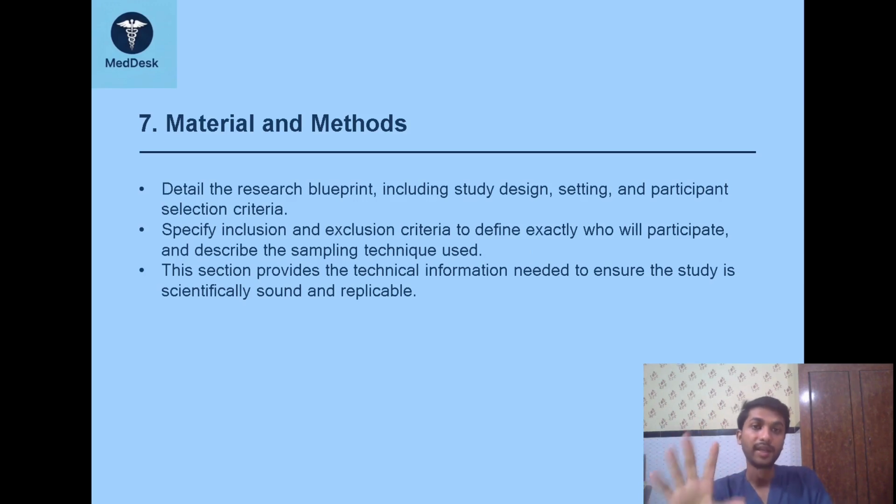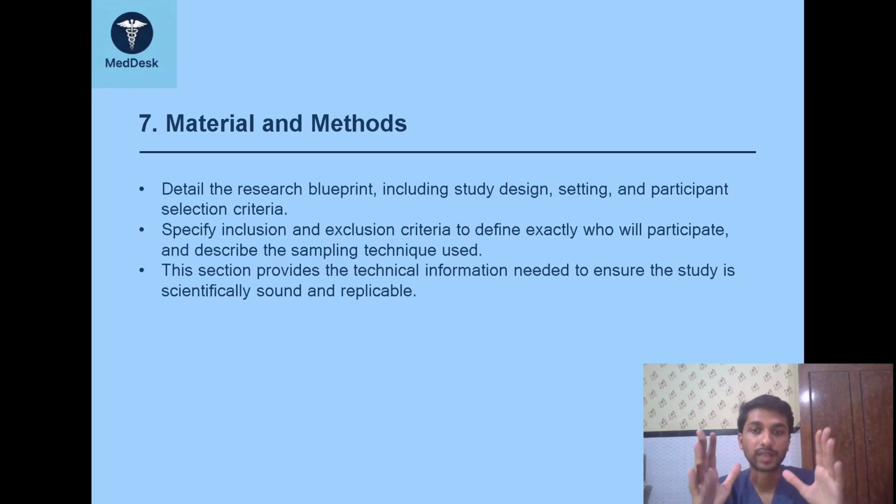After that, the main heading and the main backbone after the discussion is your materials and methods. And this is very extensive, and you have to mention where you are doing the study, in which population, what the sample size is, how to calculate the sample size, how to run your analysis, and how to make the study feasible for statistics.